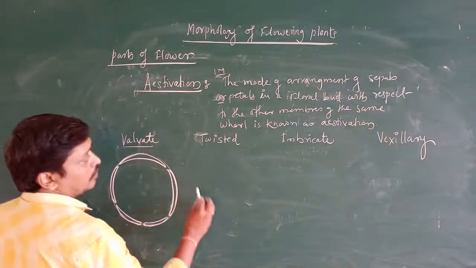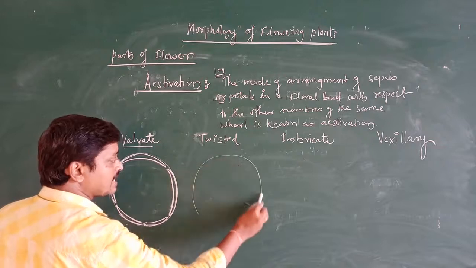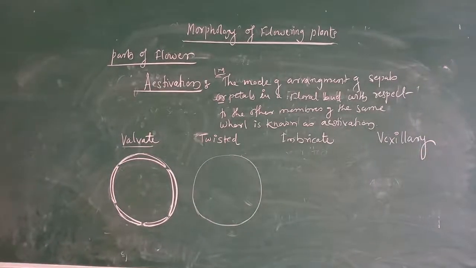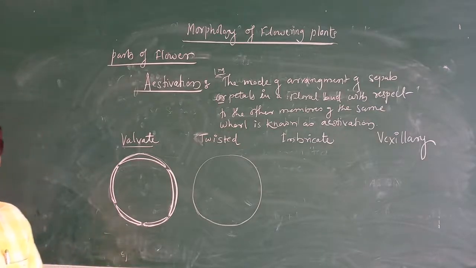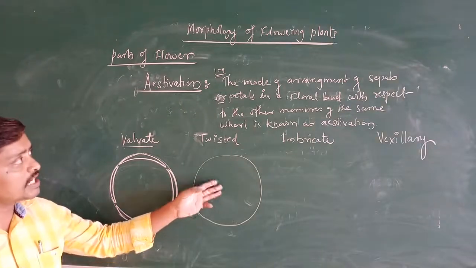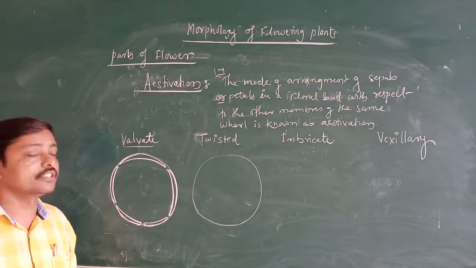Now see, I am going to draw the twisted aestivation. Here the petals and sepals are arranged in such a manner that one is overlapping another, and that continues. One margin of one petal is overlapped by the margin of another petal.